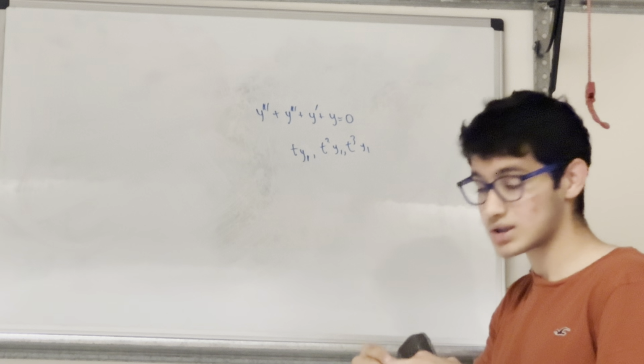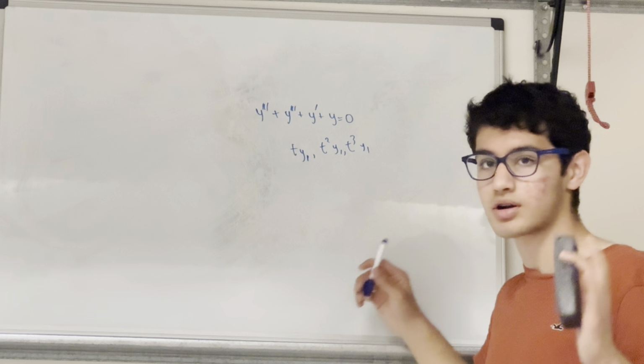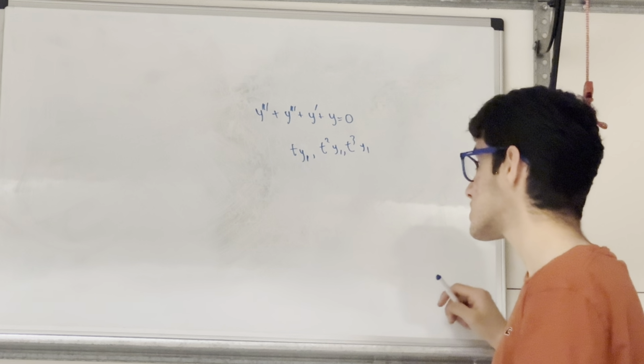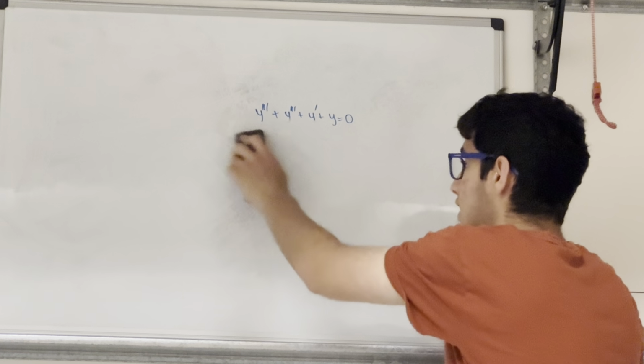So this is not just limited to second order linear homogeneous differential equations. It's any order essentially, right? So it's a very powerful tool, and I hope you learned something new in this video.